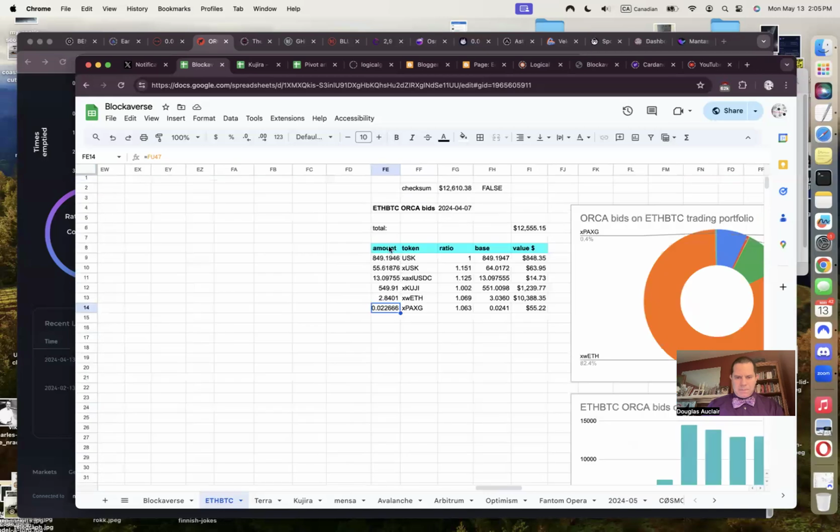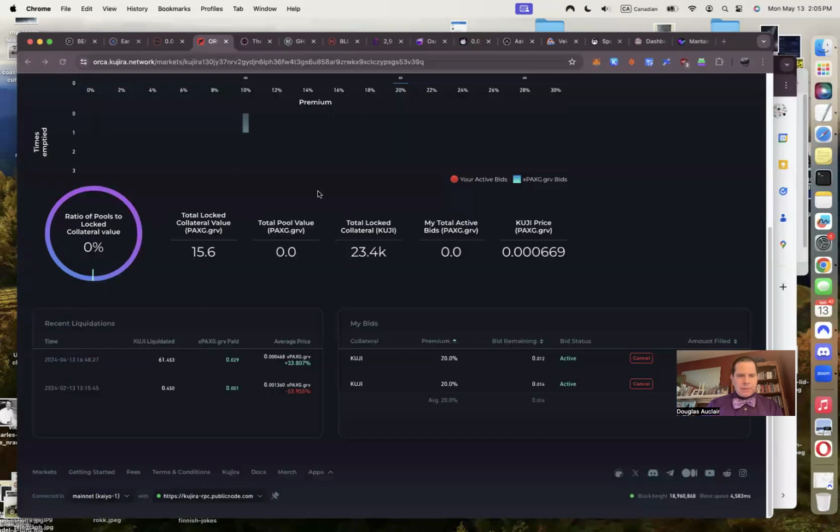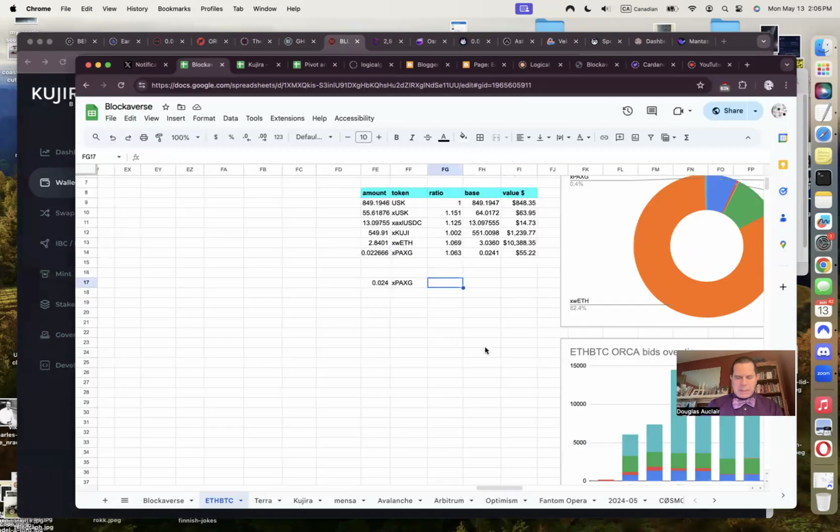But 0.024 PAXG trading at a price of 475.18 is equal to $59. Okay, so that's the cycle of growing your bag using liquidated assets.